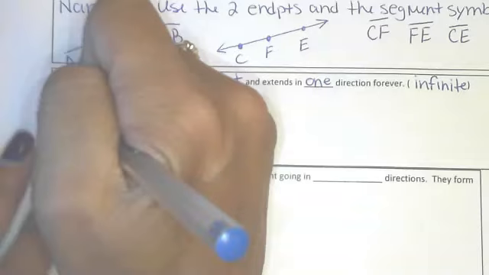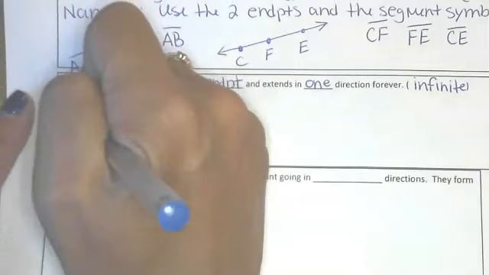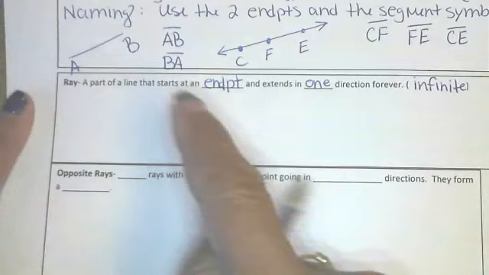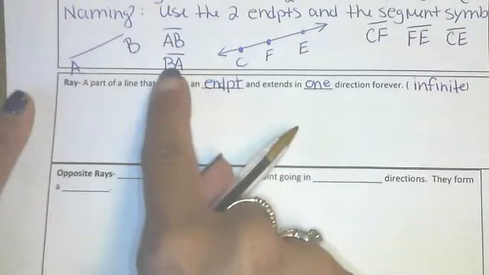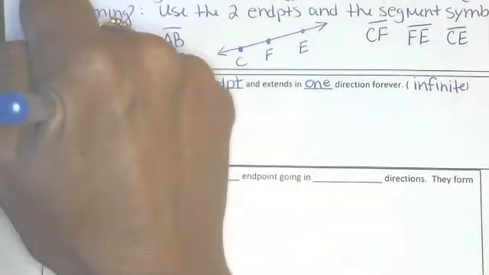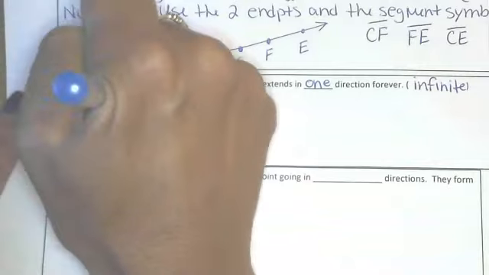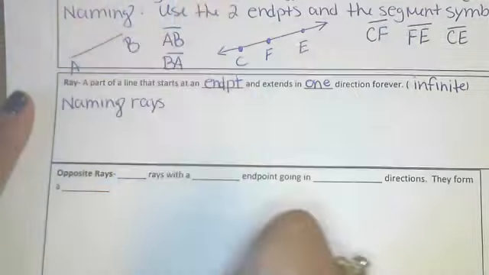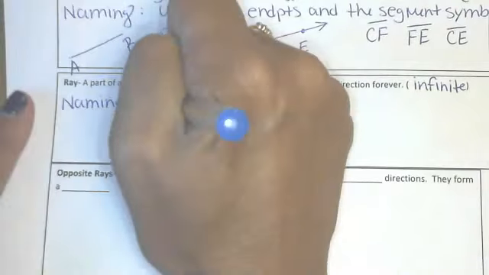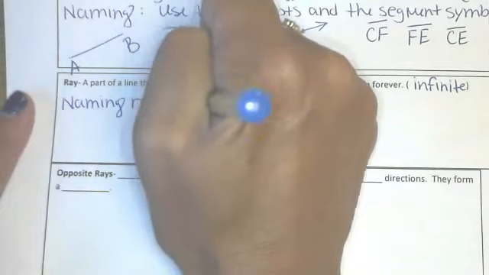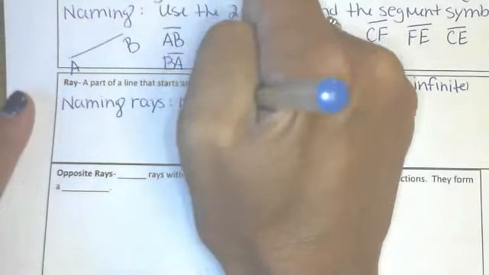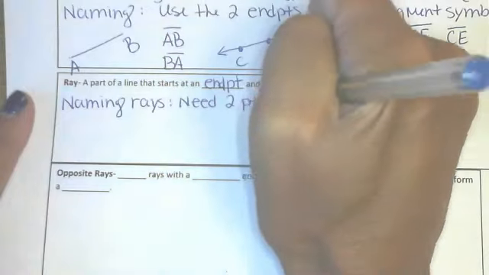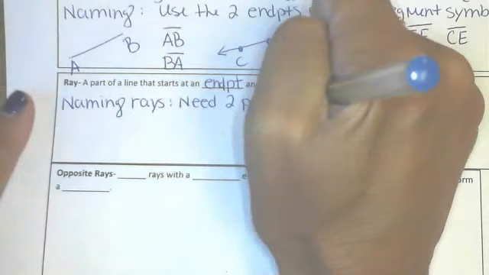Okay, naming rays. Here's where order matters. It's the first time where your first letter you write down is going to make a difference. So naming rays, you need 2 points, 2 and only 2. And the ray symbol.